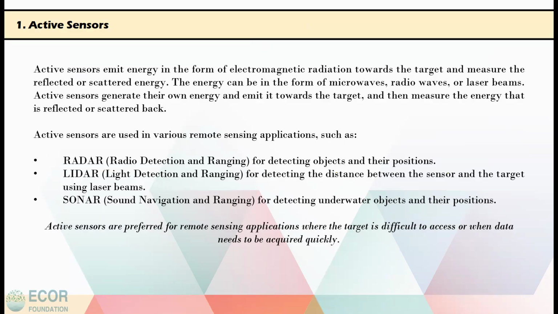For example, we have radar, which detects objects and their positions using radio waves. Then we have lidar, which uses laser beams to create 3D maps, and then we have sonar that uses sound waves. So these sensors are ideally used for quick data collection and very remote areas.